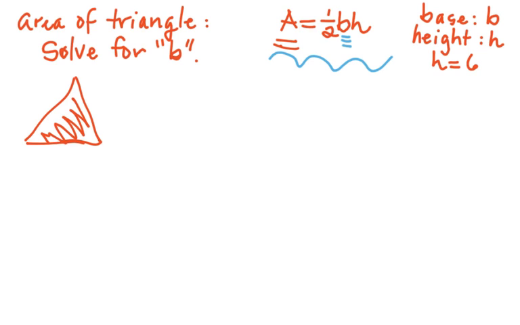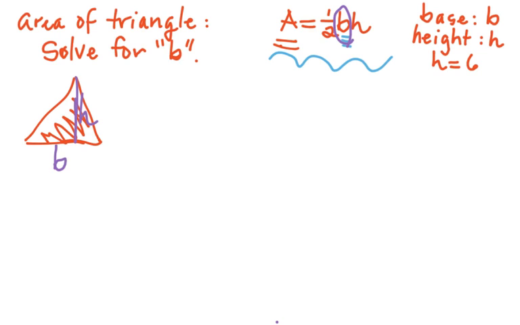Where the B is the base, H is the height. Right here, this would be the height. How high is it? This is the H. This is the B. And basically, we want to solve for B right here. That's what I want to do. I want to solve for B.